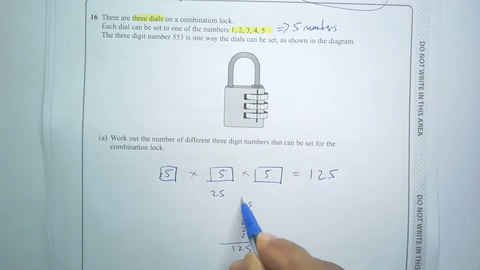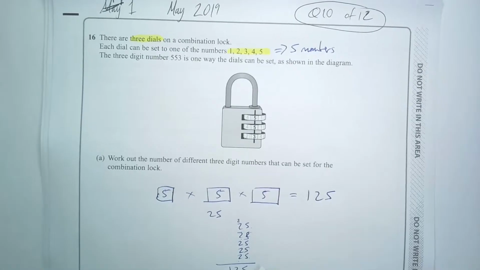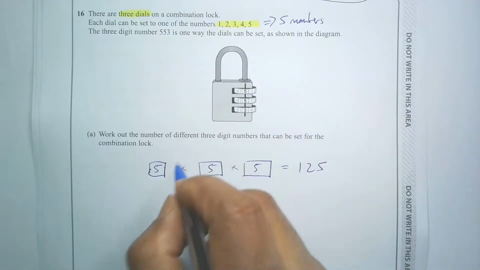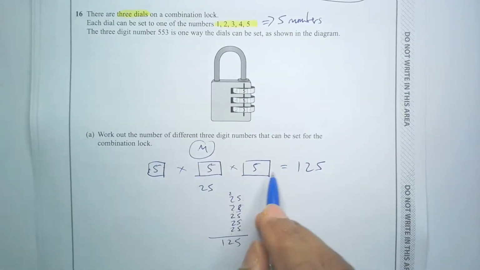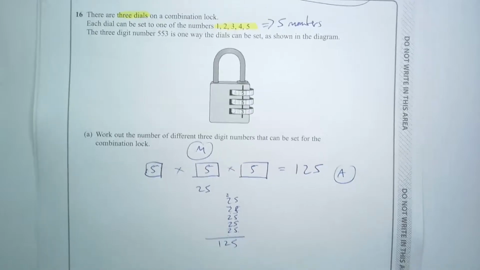Carry the 2, 2, 4, 6, 8, 10, 12. So if you weren't able to do that in your head, you don't have to. You can just do working out. So that's the answer to the first one. Similar to previous questions, this is a method mark for having this and an accuracy mark here. So 2 marks for that.